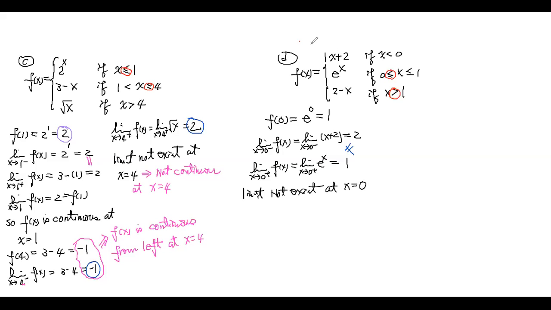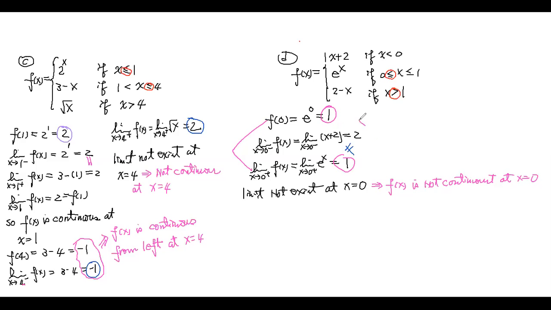But now you also see here, because the function value is 1, and this is the limit you approach from the right-hand side, right? So the limit does not exist, so I know f of x is not continuous at x equal to 0.